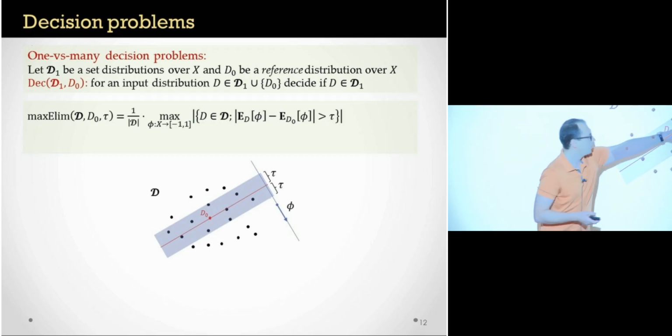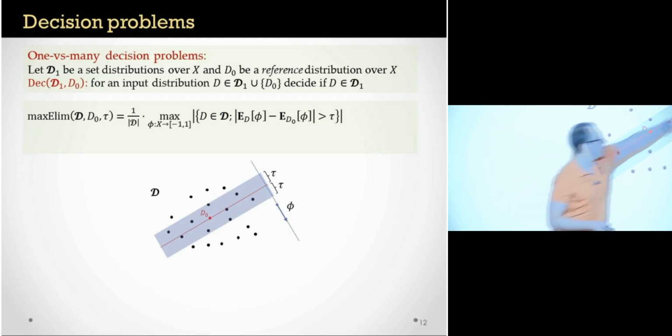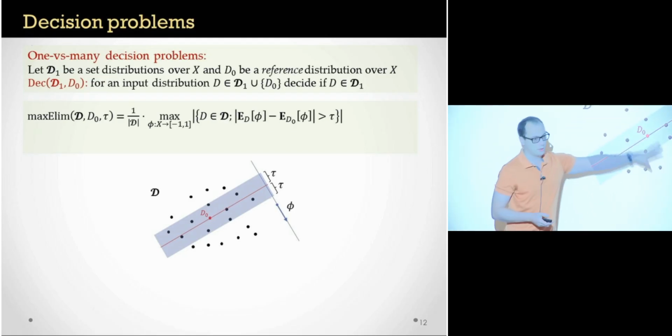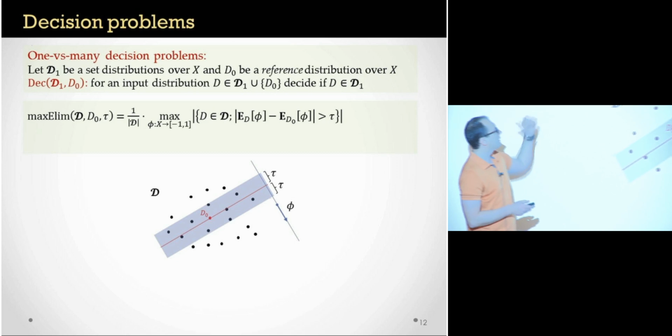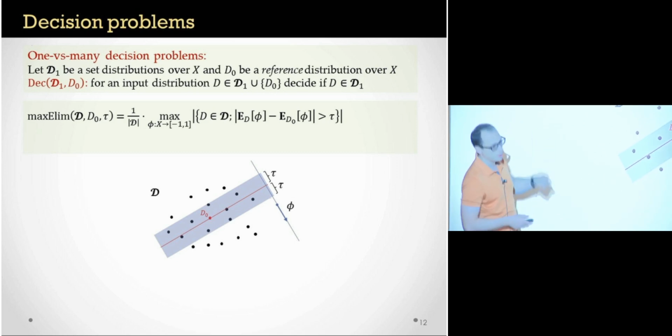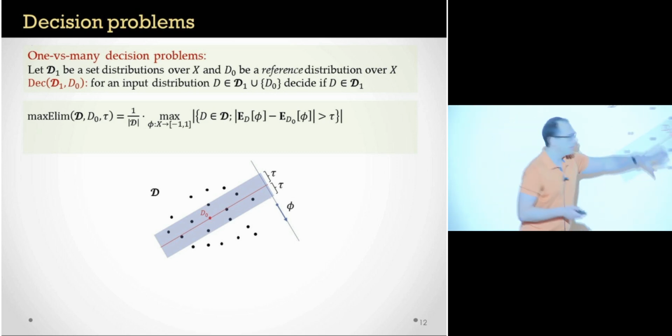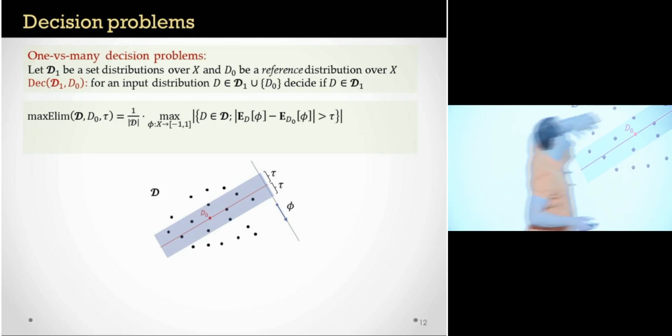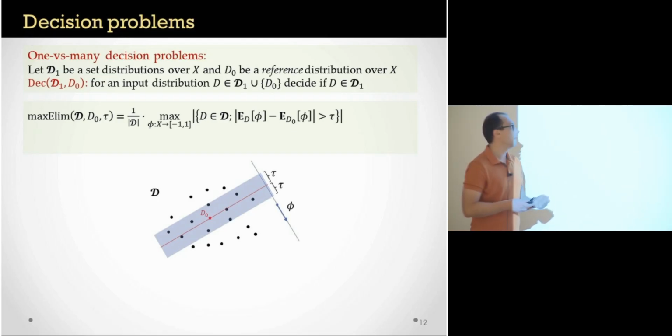So these ones you won't be able to distinguish if you only get a result with an accuracy tau, and the rest you can eliminate. And we are looking at the maximum, the largest possible fraction of distributions that can be eliminated. These are the eliminated ones by looking at a single query.